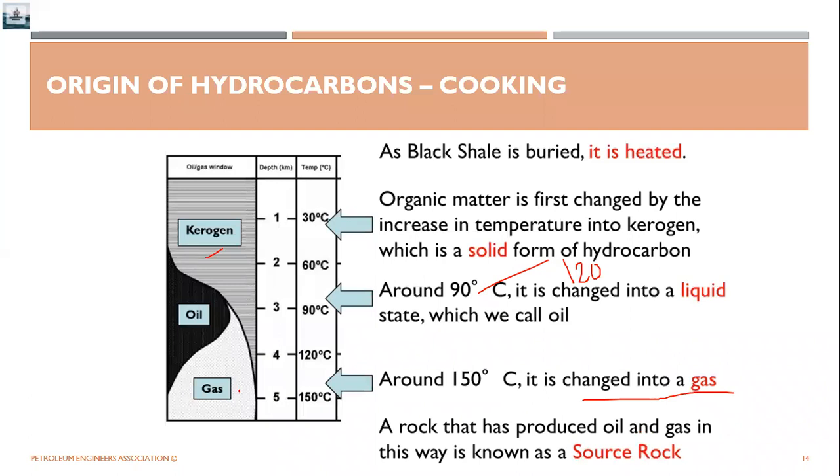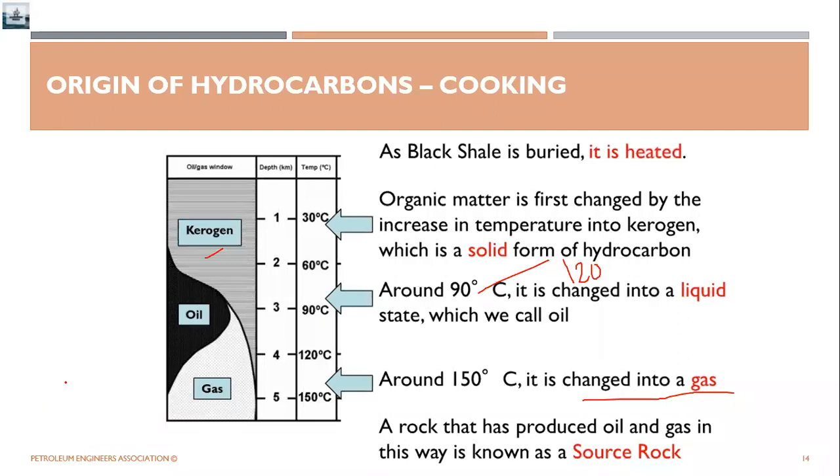And the rock wherein these changes have occurred, that is what we call source rock. Source rock is the one where the initiation, or the formation of oil and gas, has taken place. Source rock, as you might recall, is one of the components of the petroleum system, right?